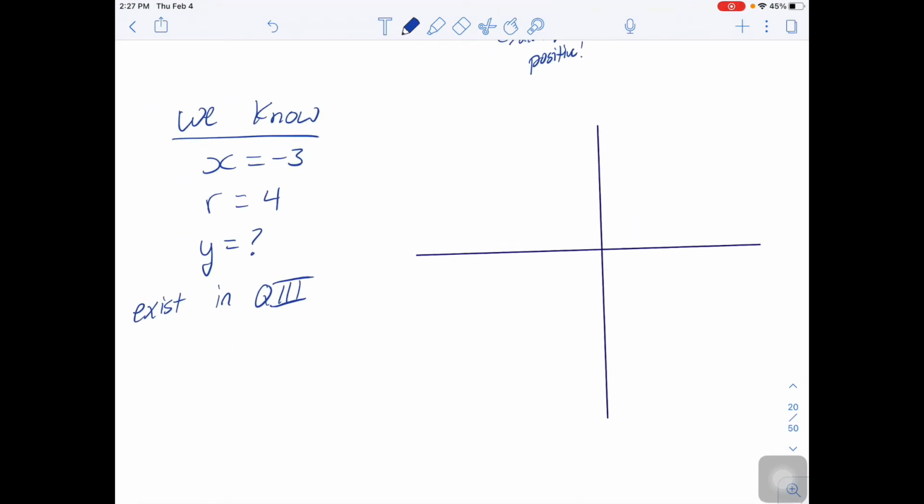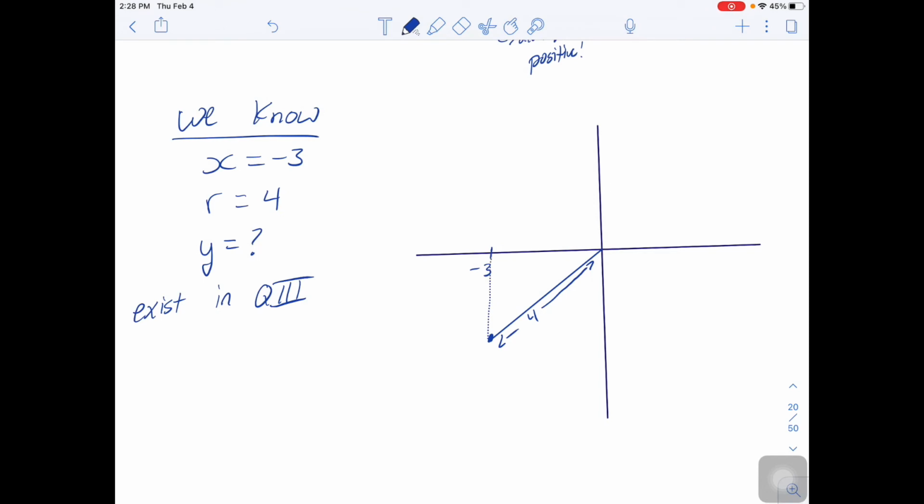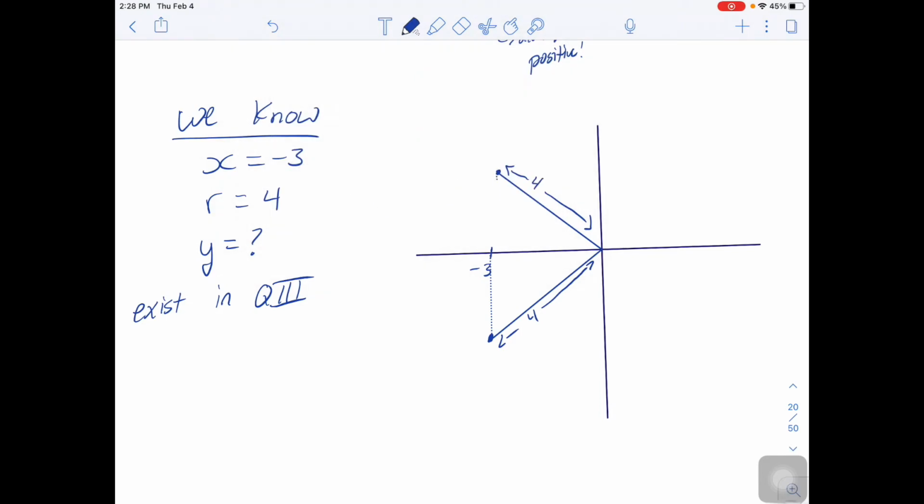So here I have my -3 value, and then I'm going to draw my terminal arm, and that will be a length of 4. Now recognize why knowing that you live in quadrant 3 is so important, because technically you could have drawn the exact same thing and gone and solved for a different y value.